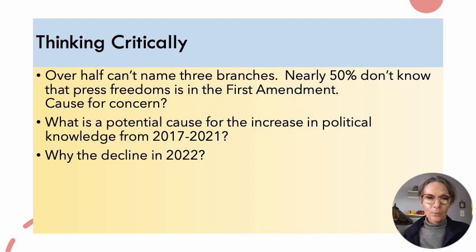But maybe it's just because the election of Donald Trump was just such a hot topic. Everybody was invested in it, whether you were for Trump or for Clinton. The pandemic was going on. And so people, I think, were paying attention to the news in ways that maybe they weren't. And things have calmed down since then. So maybe people are a little bit more checked out and paying attention to other aspects of their lives, which is normal. But just some things to get you thinking.